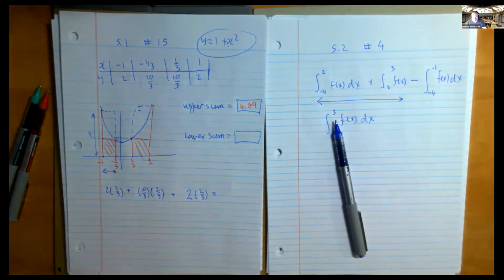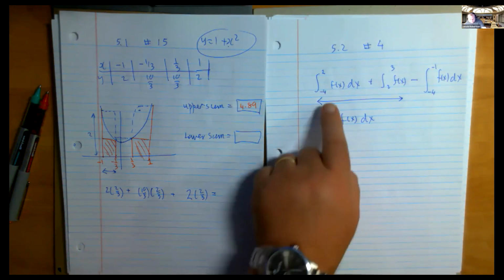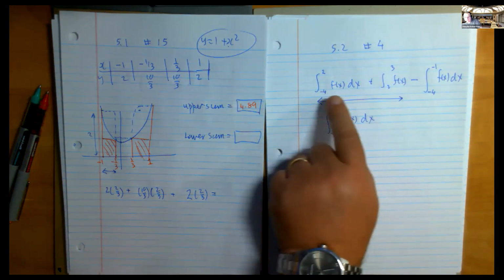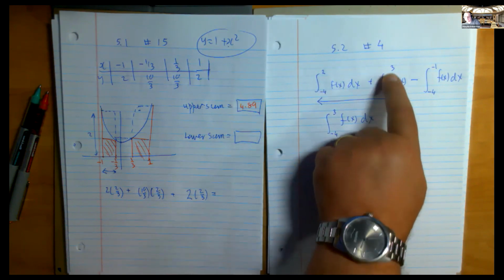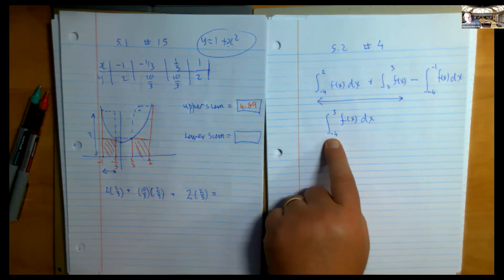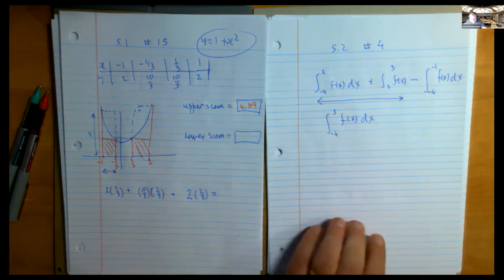Well, that took a while. Okay, so if you combine these two, you're going from -4 to 2 and then continuing a little bit further from 2 to 3, wouldn't that be the same as starting at -4 and finishing at 3?